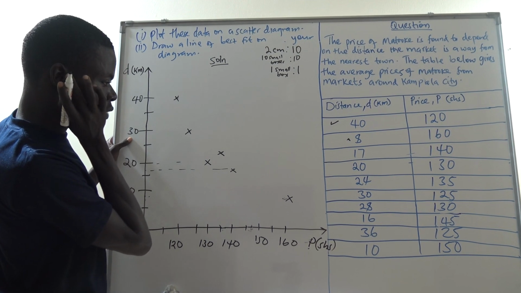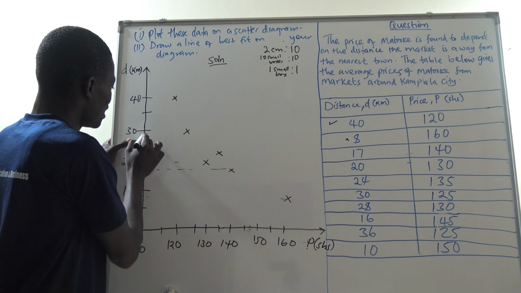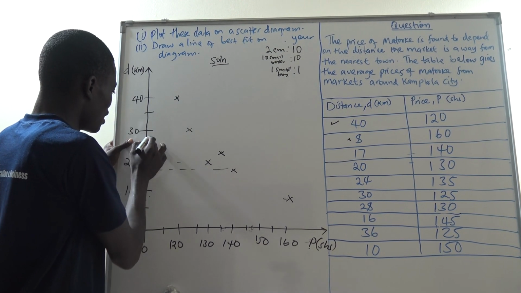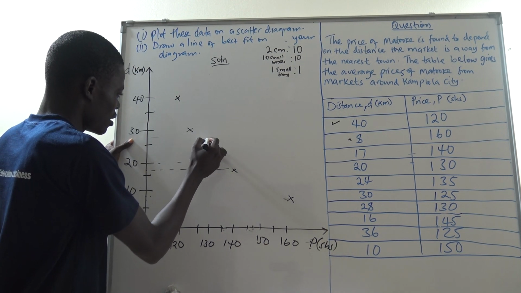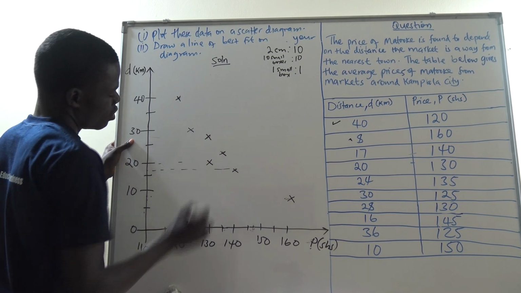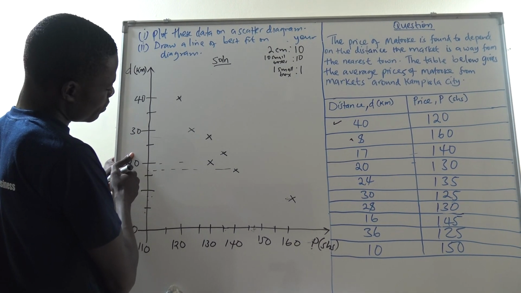Then we have 28 against 130. 28 will be somewhere here against 130, exactly above this. 20 against 130 is exactly above that one.